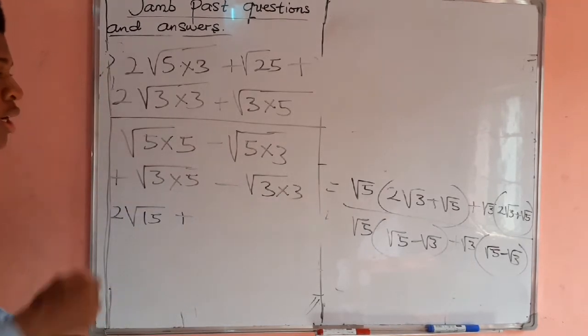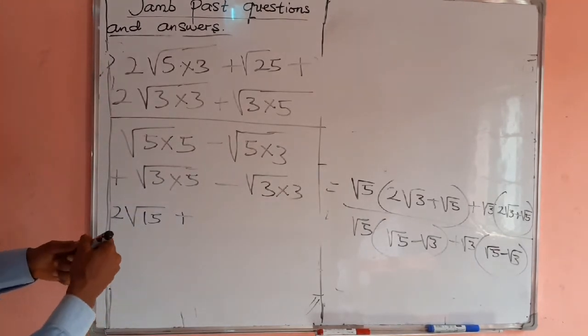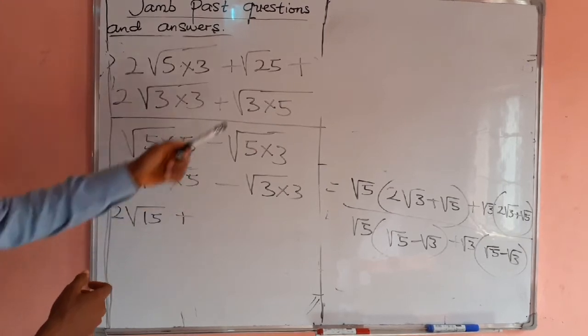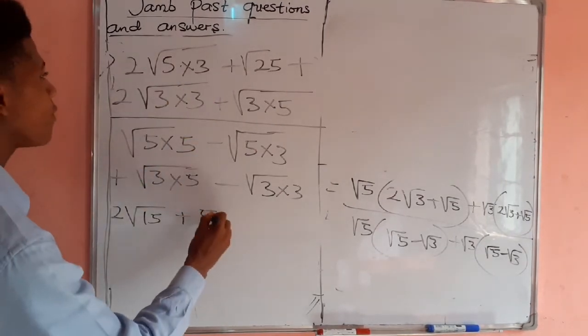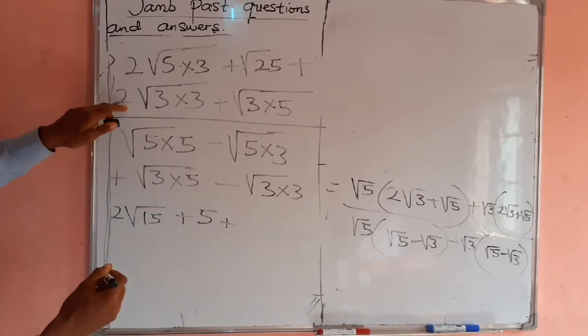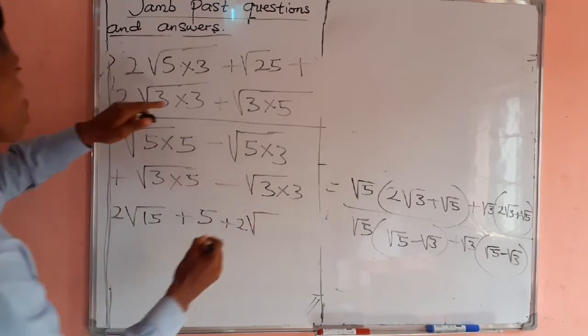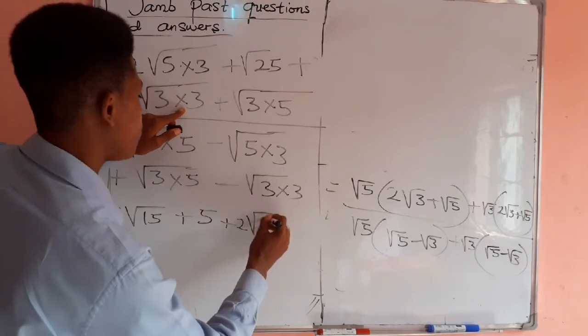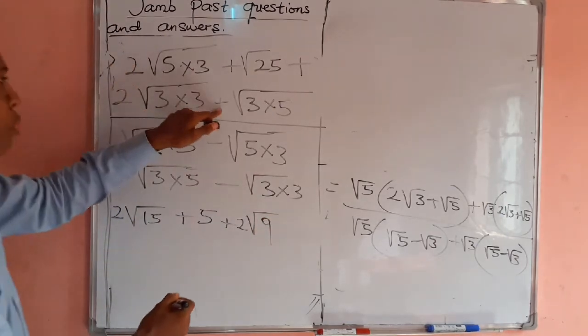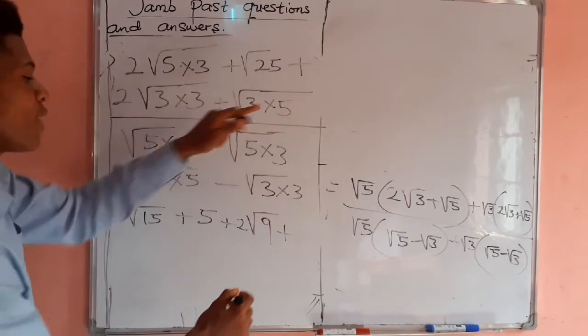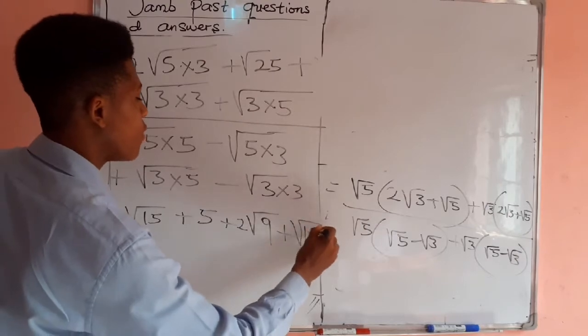Root 5 is an irrational root. Okay, let's continue. Plus, we have 2 root 9, because 3 times 3 is 9. Plus 3 times 5 is 15, so you put your root 15.